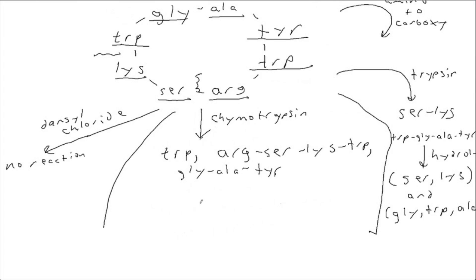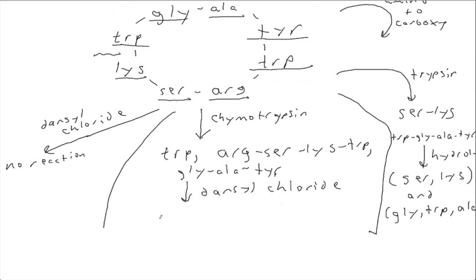So what happens if we react this octapeptide with Dansyl chloride? Nothing happens. But what happens if we react it with chymotrypsin first, and then we react it with Dansyl chloride? Then you get a reaction.